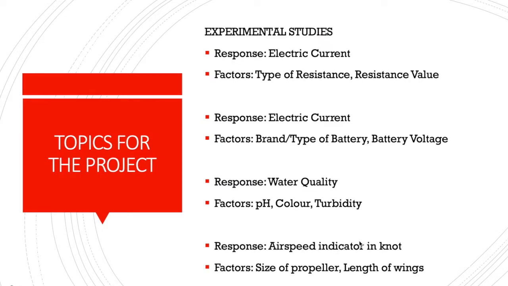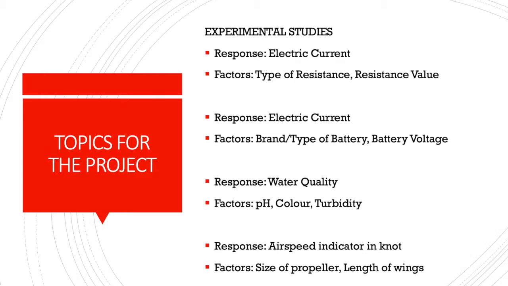Okay, here is the list of the topics of the project. The first one: the response is electric current, and the factors are type of resistance and resistance value. The second one: the response is electric current, and the factors are brand and type of battery and battery voltage. The third one: the response is water quality.